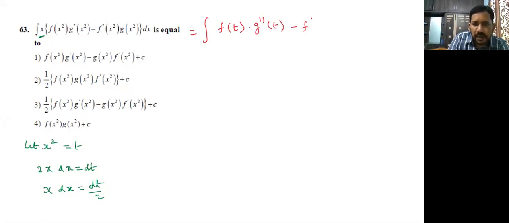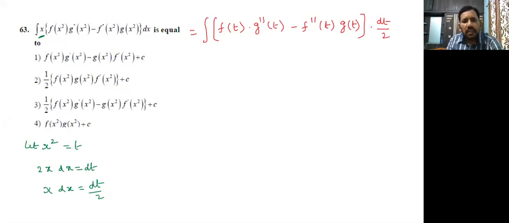Double dash only. f double dash of t into g of t into dx, that means dt by 2. Now observe that.